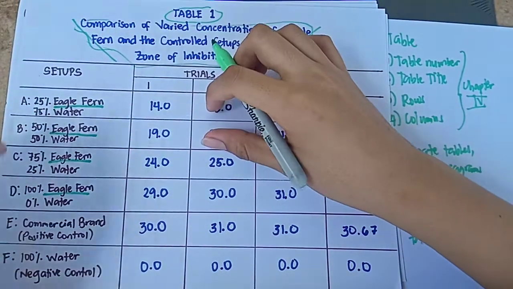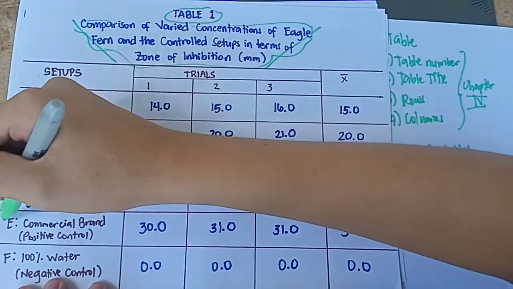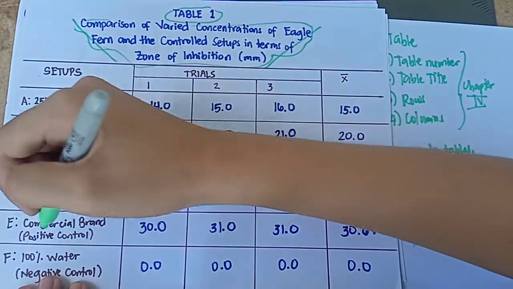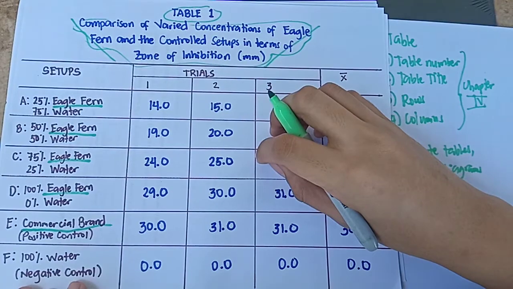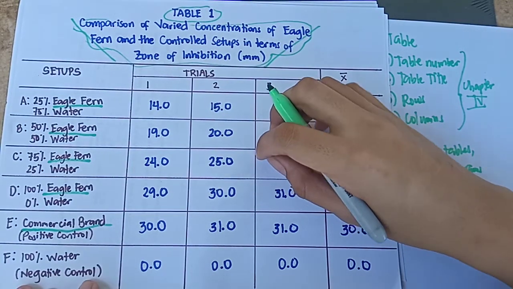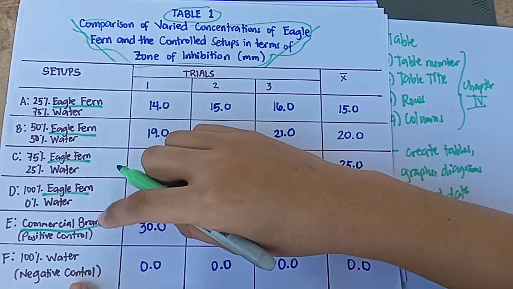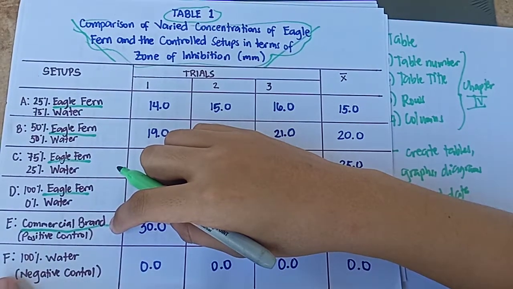Next, setup E is our positive control because it uses the commercial brand. Remember that when we are organizing data, we do not put the name of the commercial brand. We simply put commercial brand, okay, to have anonymity.